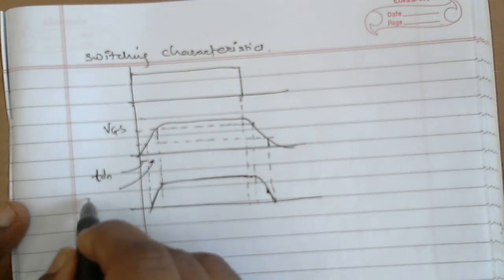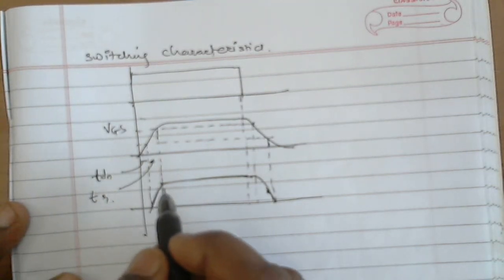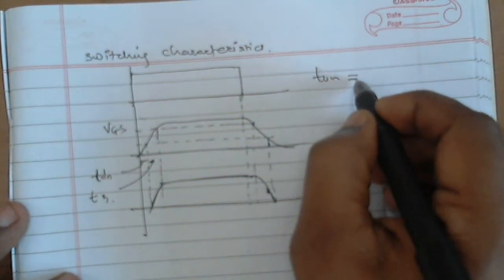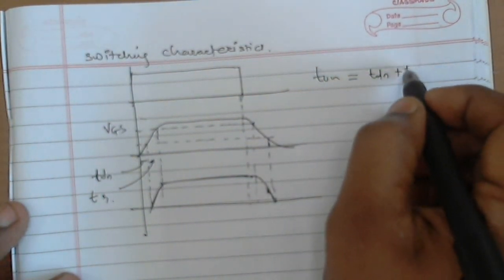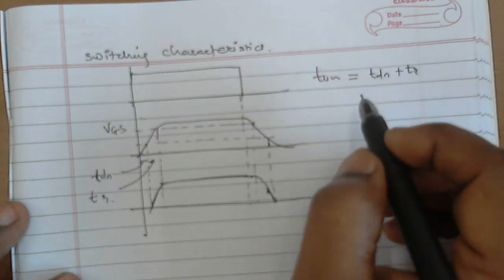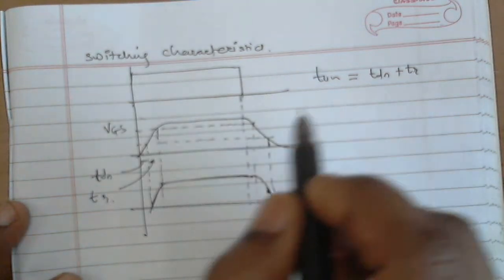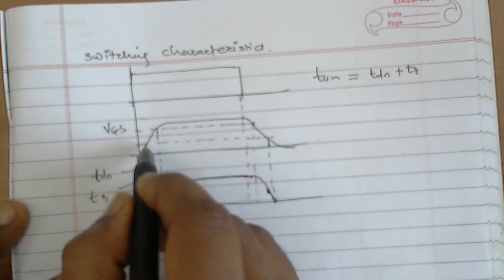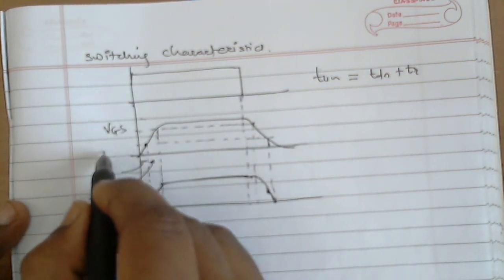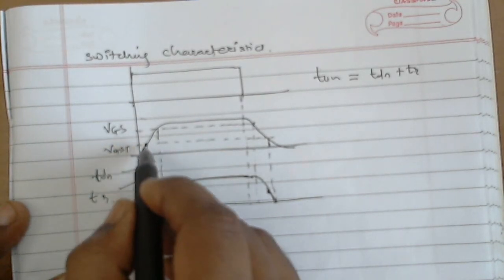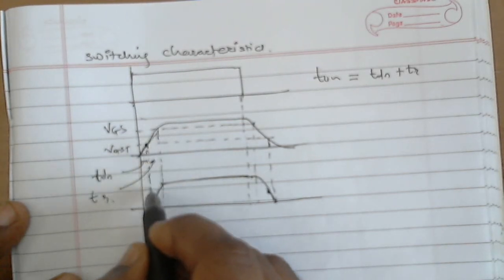This time is called TR, the rise time. So your turn on time, T on, is divided into two times, that is TDN plus TR. TDN is the delay time during which your input capacitance charges to reach the threshold voltage, VGST. There is some threshold limit, and once you reach it, the MOSFET starts conducting and the actual current starts.